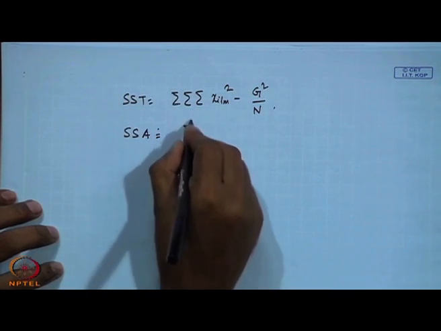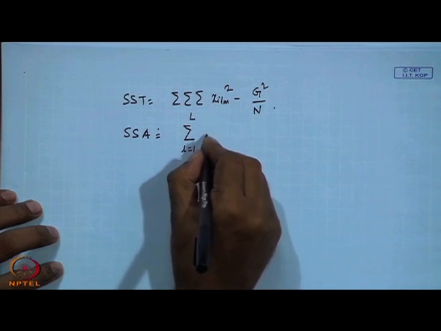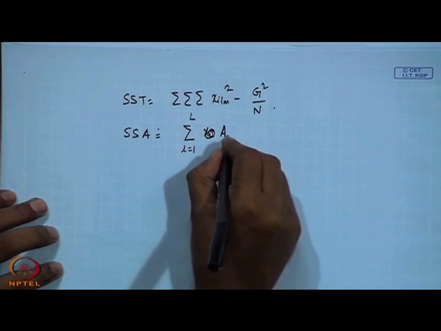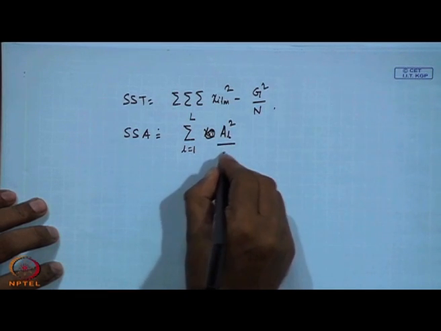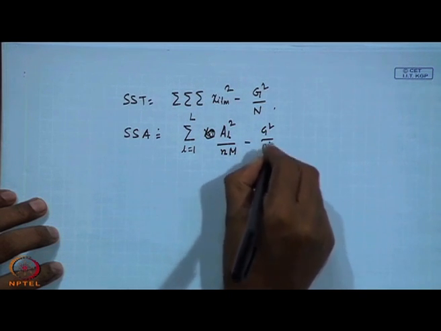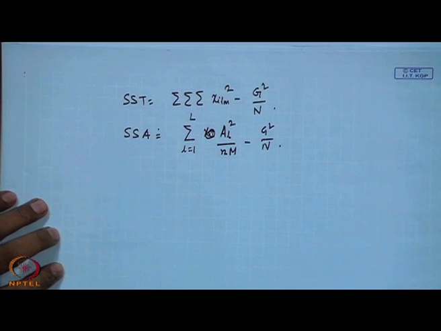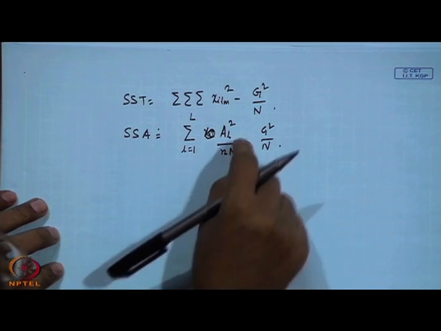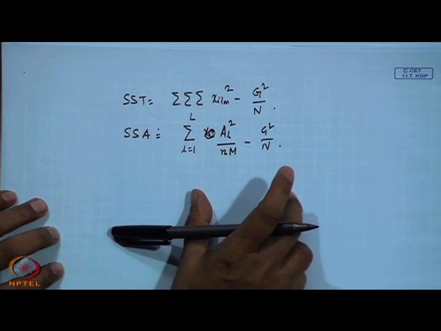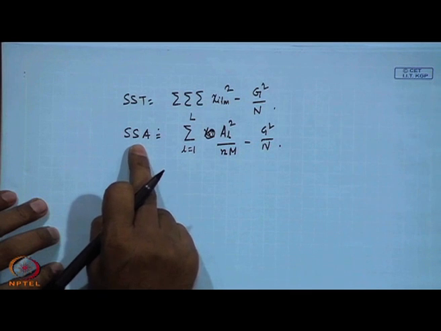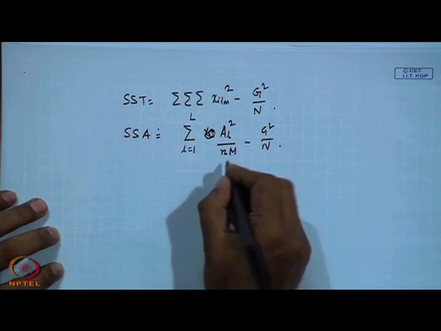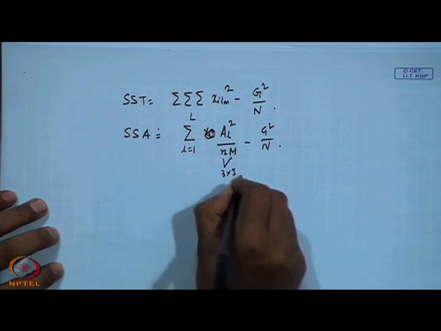So, l equal to 1 to L, and that will be your A_l squared by nM minus G squared by N, because against each row we are not considering the B factor effect. So, ultimately there are 3 cross 3, 9 observations.